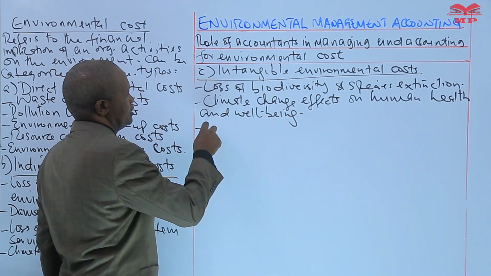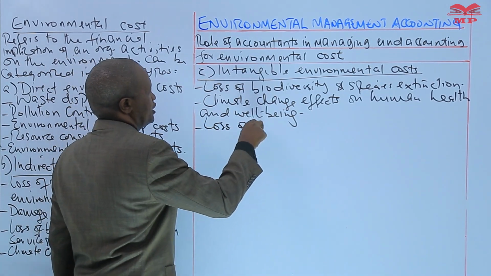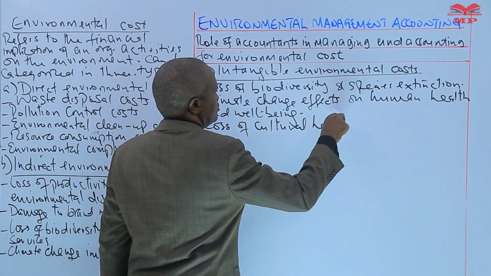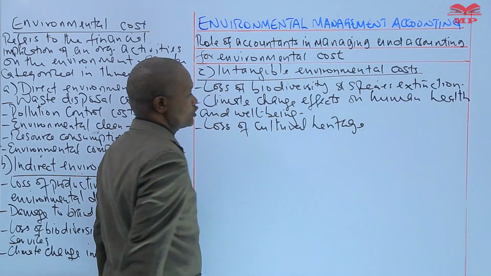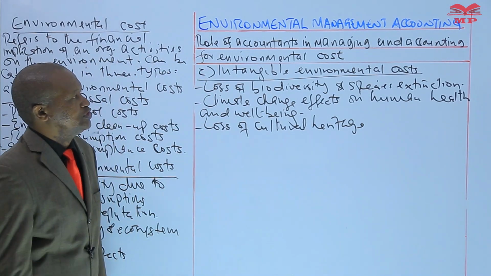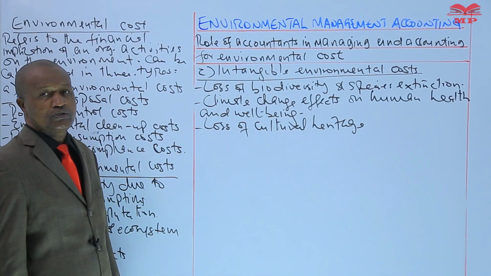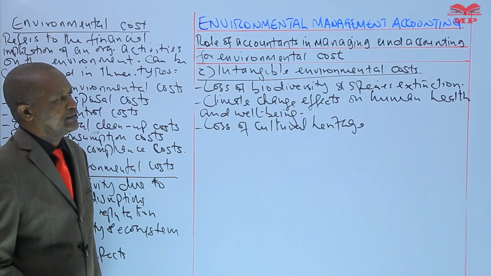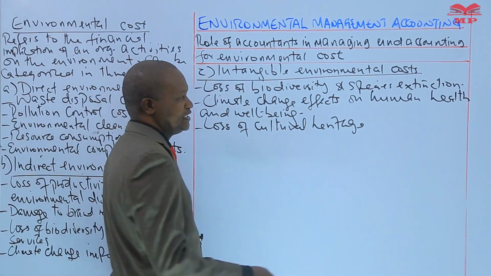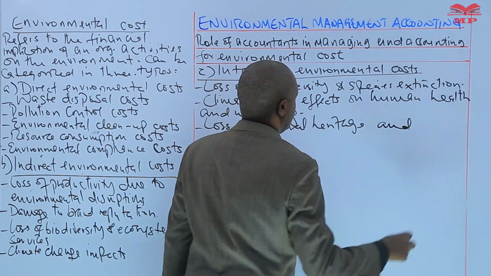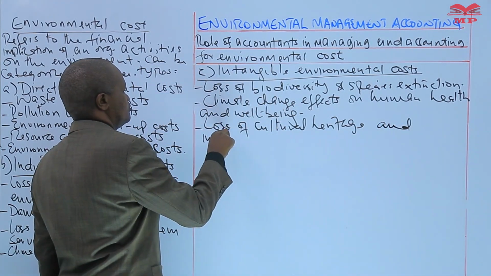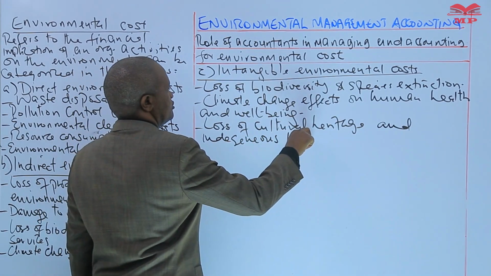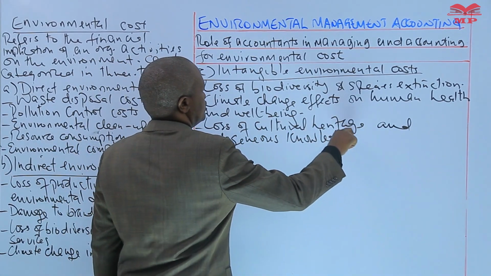Three, loss of cultural heritage. Loss of cultural heritage is an intangible environmental cost. And this may also include indigenous knowledge.